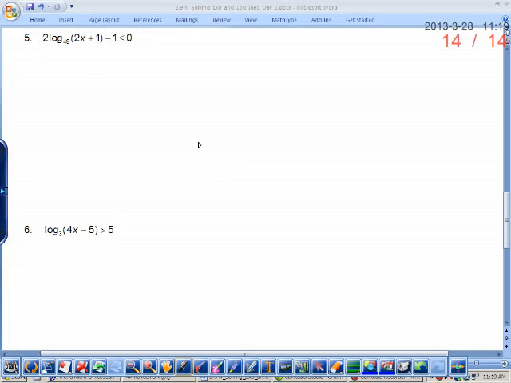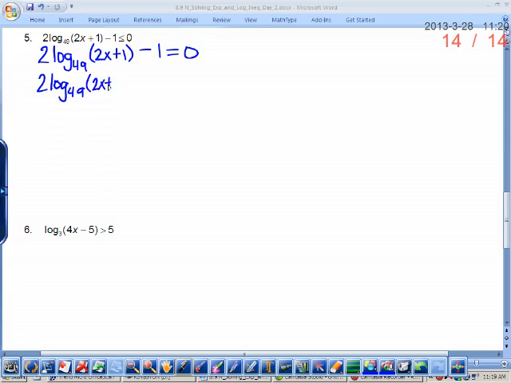All right, start by rewriting this as an equation. Okay, let's start solving this equation. What do you think might be the first step? Add the 1. This is going to be 2 log base 49 of 2x plus 1 equals 1.